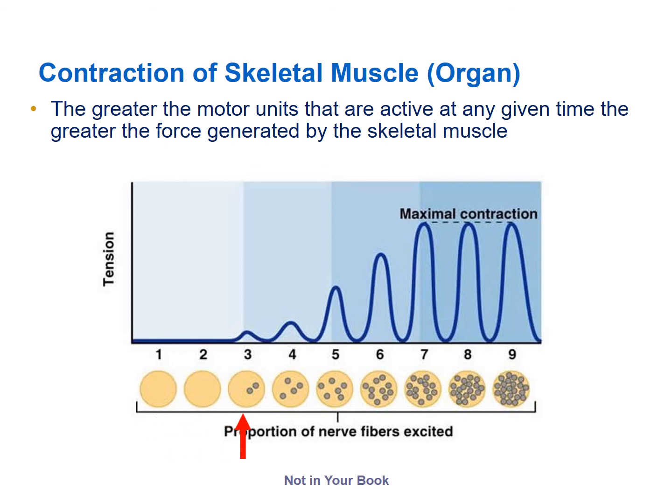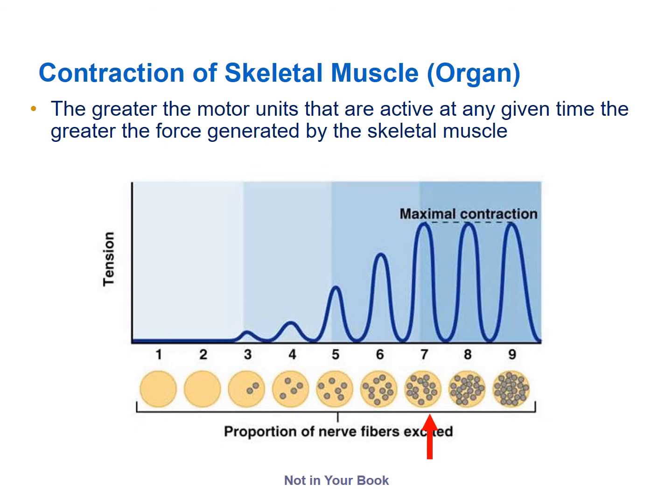As we move from trial 3 to trial 4, then 5, then 6, then 7, notice that there is an increase with each additional trial in the number of motor fibers that are active. So with each additional trial, we have more motor units that are active.